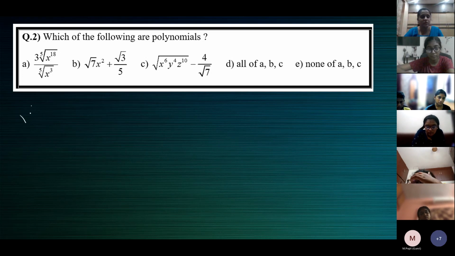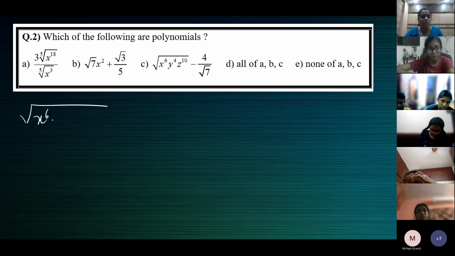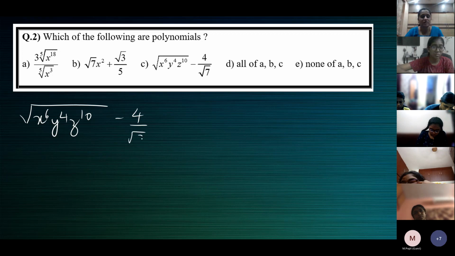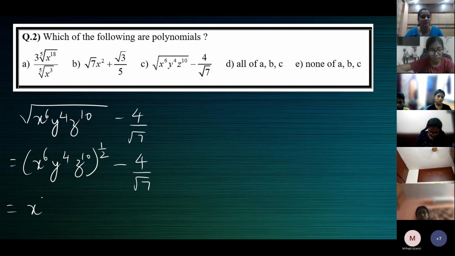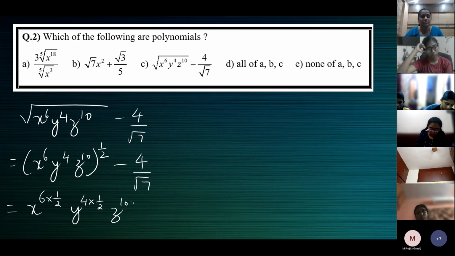For C, it's square root of x to the power 6, y to the power 4, z to the power 10, minus 4 by root 7. To simplify, x to the power 6, y to the power 4, z to the power 10, raised to the power 1 by 2. We remove the square root symbol and raise the whole thing to the power 1 by 2, minus 4 by root 7. So this means it is x to the power 6 into 1 by 2, y to the power 4 into 1 by 2, z to the power 10 into 1 by 2, minus 4 by root 7.